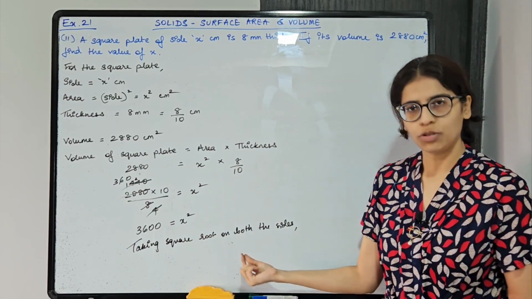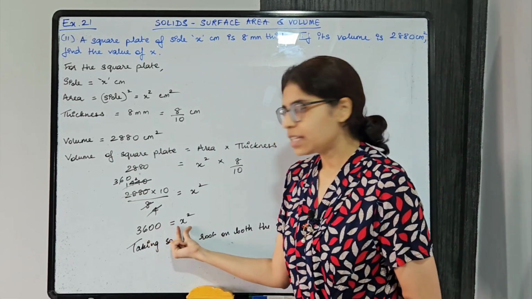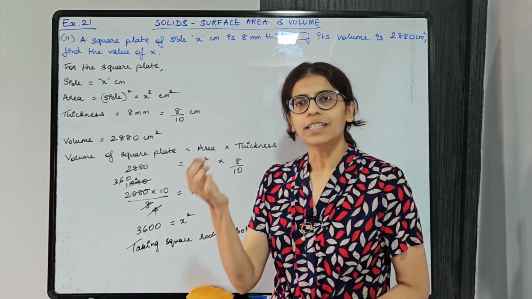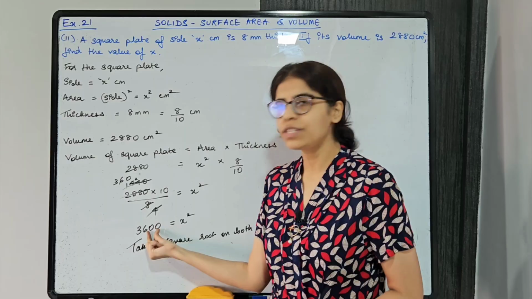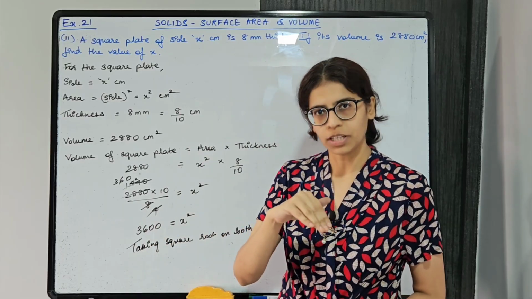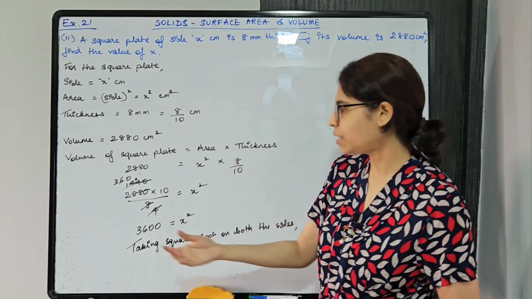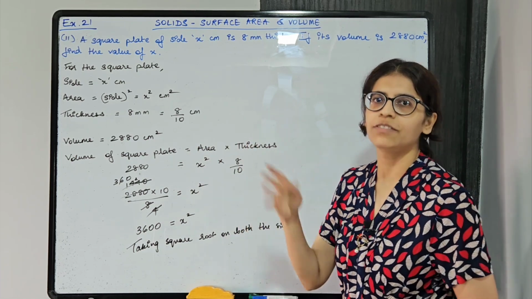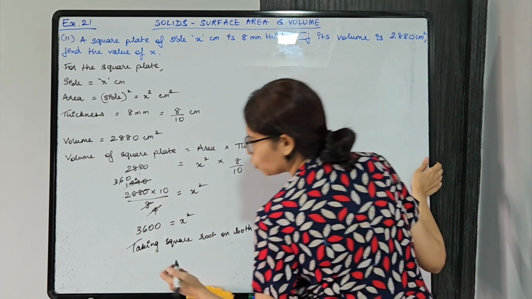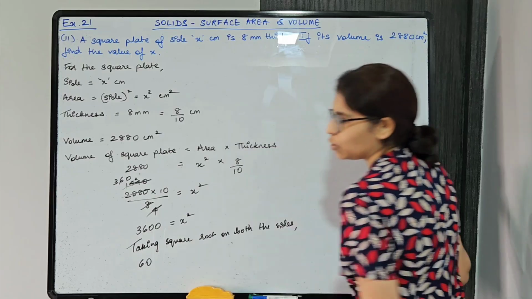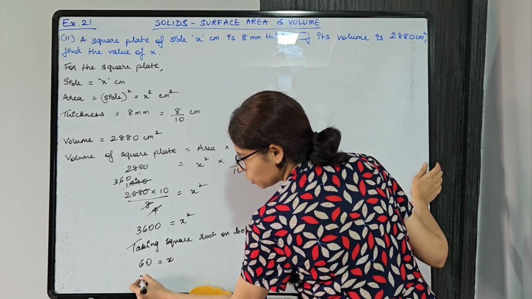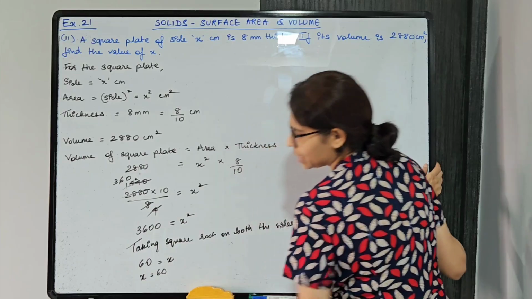So taking square root on both the sides, x square x हो जाएगा and 36 का square root क्या होता है, 6, okay, and there are 2 zeros, half हो जाएगा, okay. So even number of zeros होना चाहिए, उसका half हो जाएगा. If there were 4 then 2, okay, if there were 6 then 3. So 1 0, 6 and 0, 60, ठीक है. Switch the sides, x is equal to 60.